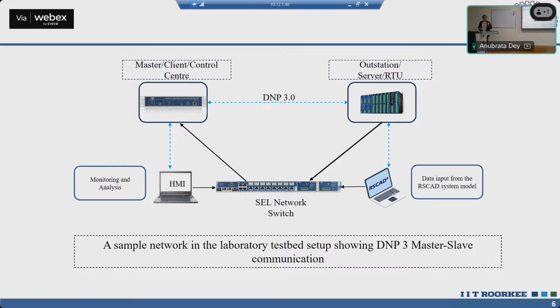The master device, when we talk in terms of communication, becomes a client device, and the slave or outstation device is the RTU device, which becomes our server. So in this client and server network, the RTU device will get the power system input from RSCAD, and the slave device we will monitor, we will develop our own HMI in that RTEC network.